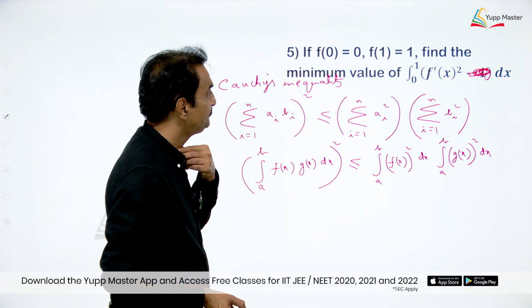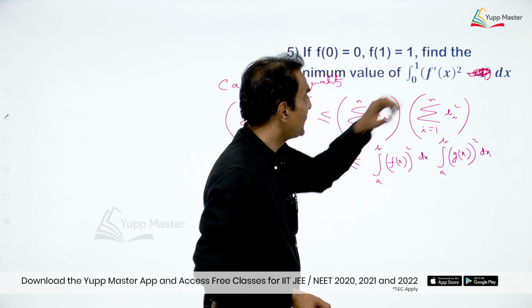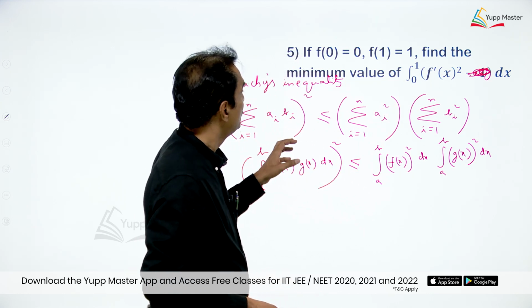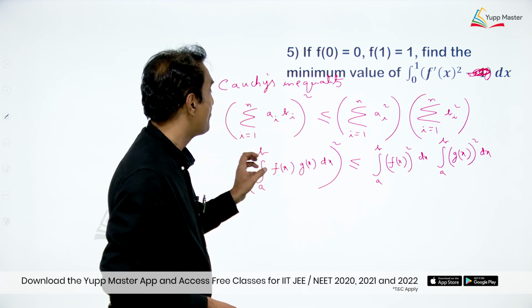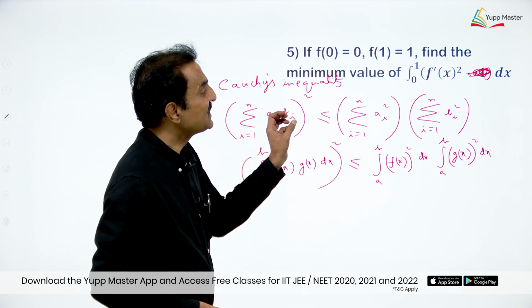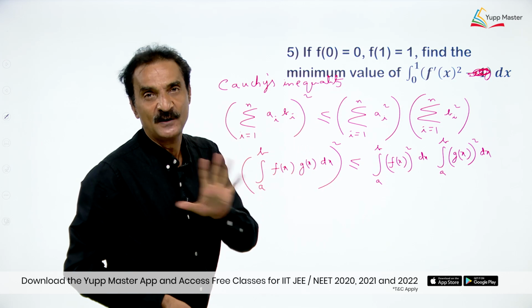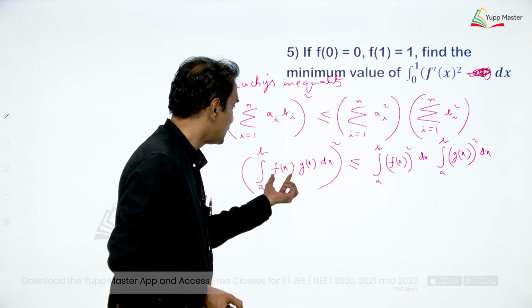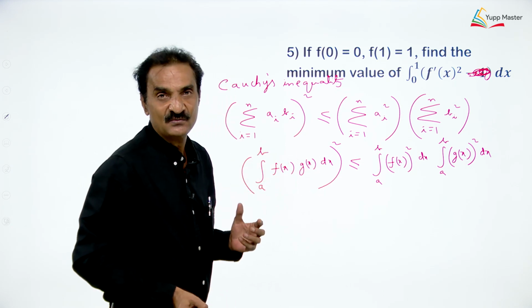Now, this is f dash x whole square. So, I will take f dash x and 1 as the two functions. This is f dash x, g of x is 1.